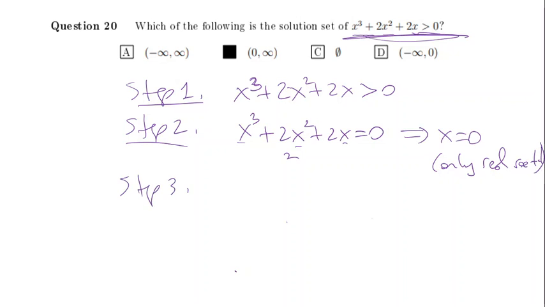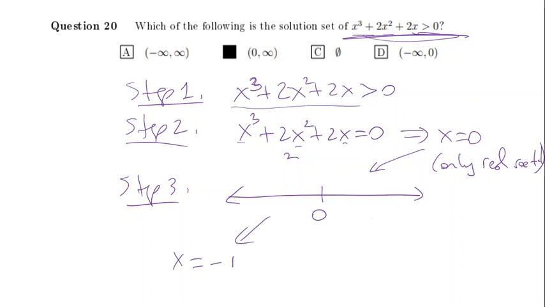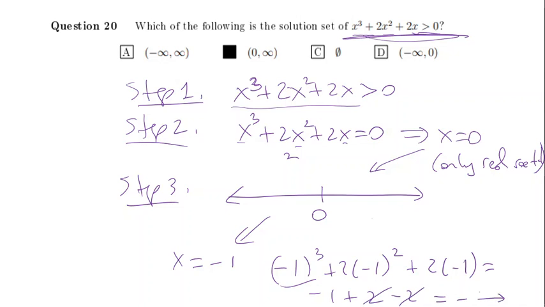Step 3, we take this root and put it here. You remember that if there is no real root, you don't put anything, but you don't skip the step either. You just take a value and determine whether everything is positive or negative. Now you take x equal to -1 and put it here. -1, and this is +2, and it's -2, and this will make minus, so it will be minus.